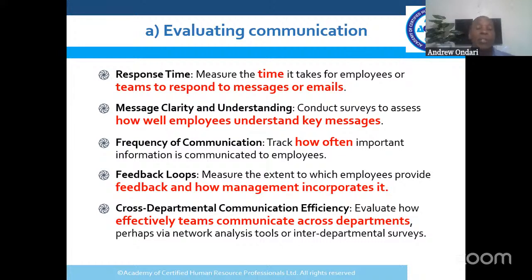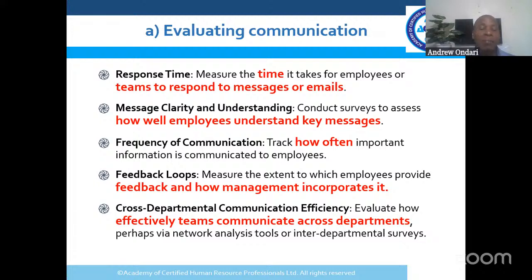So frequency of communication is important to audit, because sometimes we lose some of this information because we don't get them frequently. Number 4, we need to evaluate feedback.